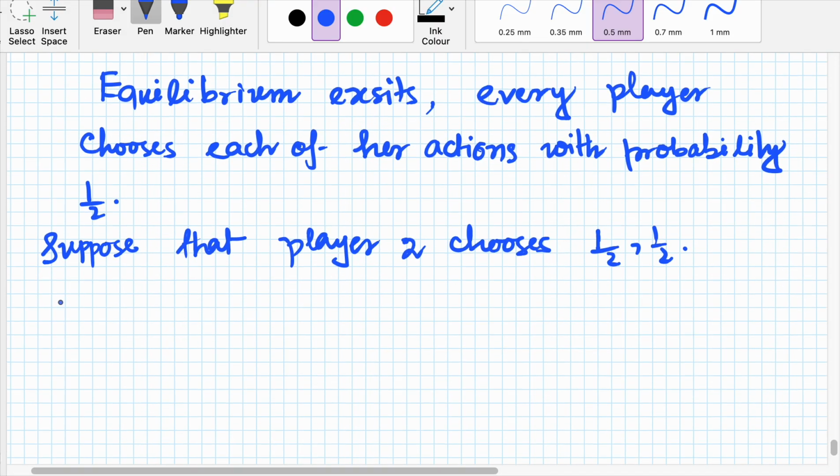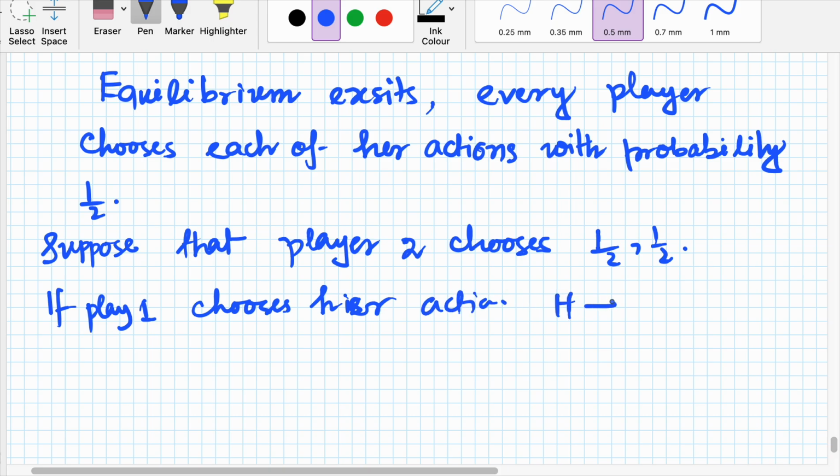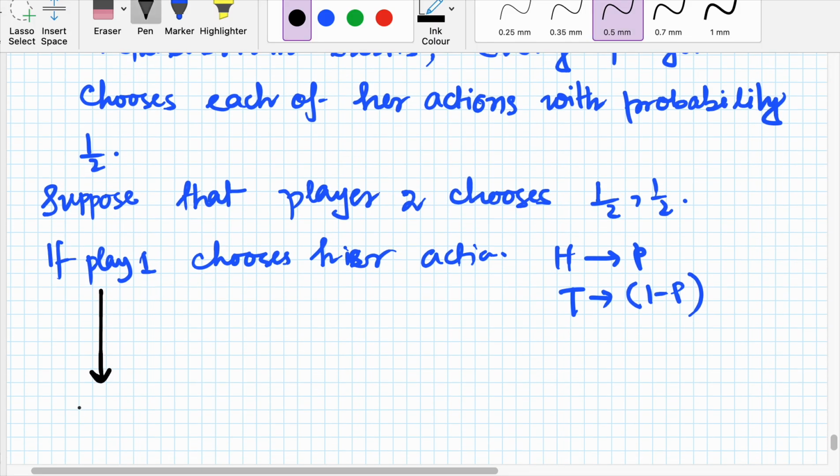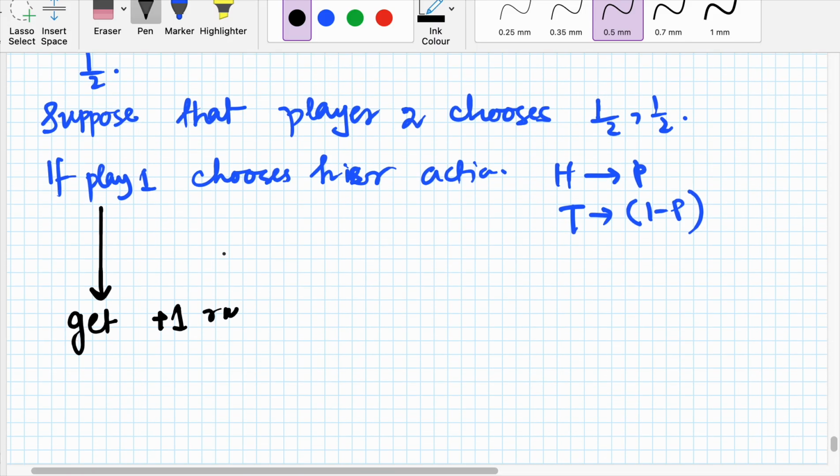Now if player 1 chooses action head with probability p and tail with probability 1 minus p, then let's see with which probability player 1 will get 1 rupee. So let's see the outcomes.